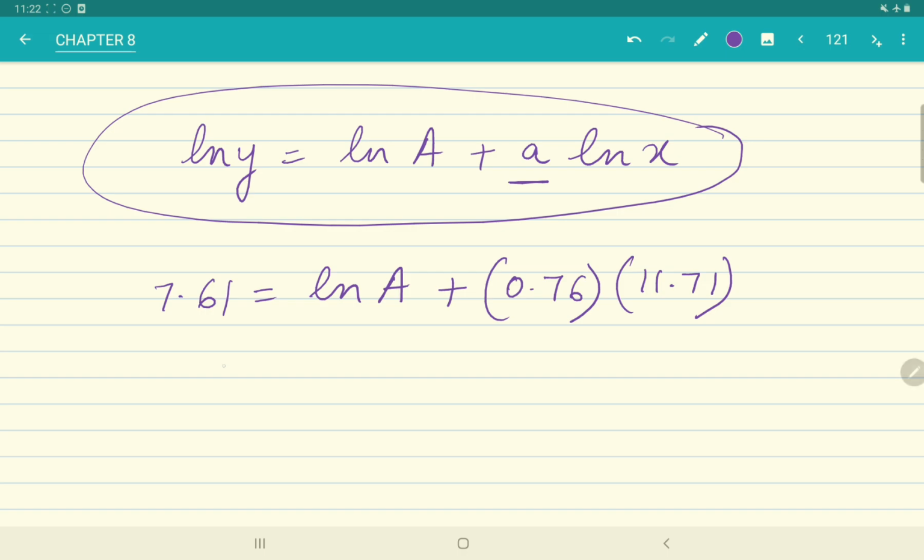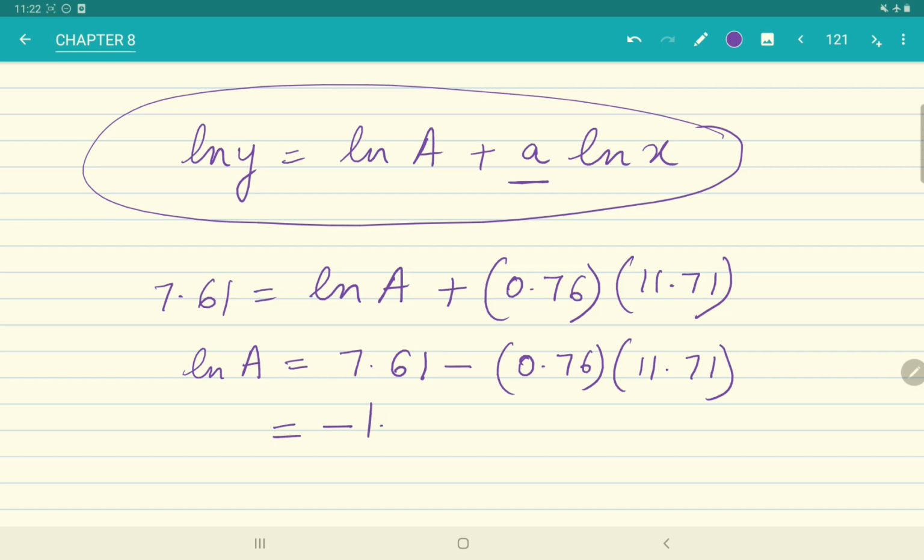Now this gives us ln a equal to 7.61 minus 0.76 multiplied by 11.71, which turns out to be minus 1.2896. So if ln a is minus 1.2896, what is a? ln a is nothing but the power to which e has to be raised in order to get a.